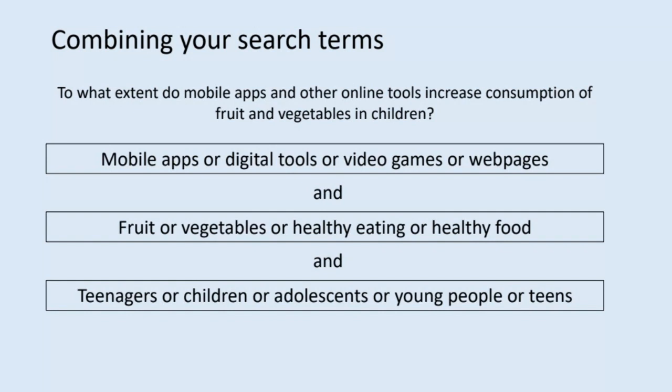So Susanna's asked, do you only have and or? Those are the main ones we use. There are Boolean operators such as not. You may have heard of the not Boolean operator. We recommend that you don't use not because this usually results in missing out relevant papers, but it completely depends on your topic. You may consider using not if you're getting loads and loads of irrelevant results on a specific issue.